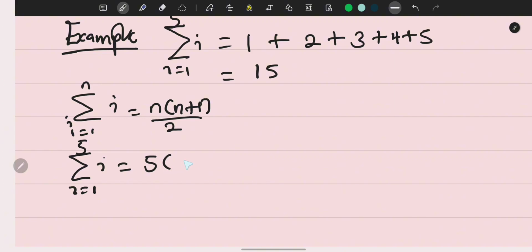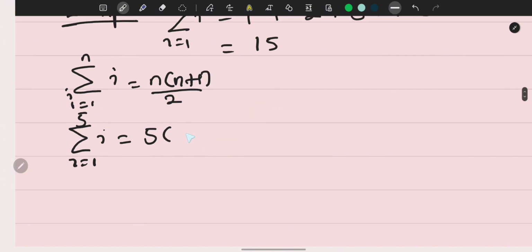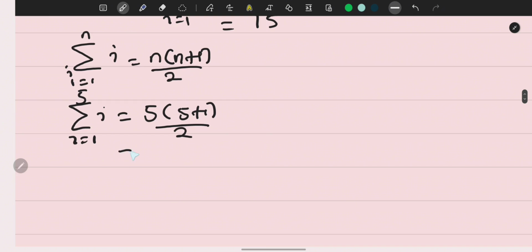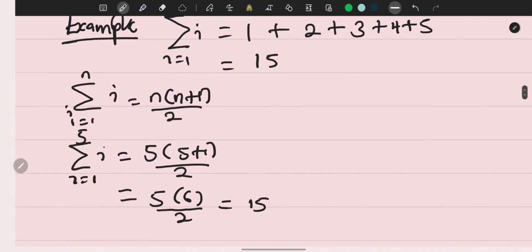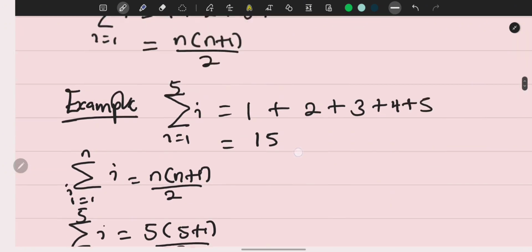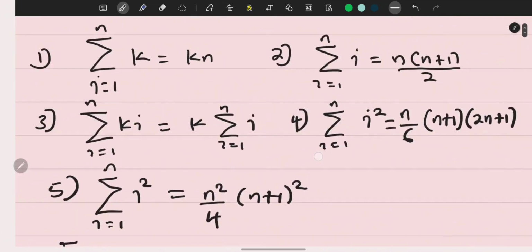By substitution, you have 5 times 5 plus 1, then over 2. So this is 5 plus 1, that's 6, then 5 times 6 over 2. So this is gonna give us 15. You can see we actually obtain the same results using these two methods. So whenever you are given a question under this, it is advisable to make use of the formula we have here, depending on the nature of the question.